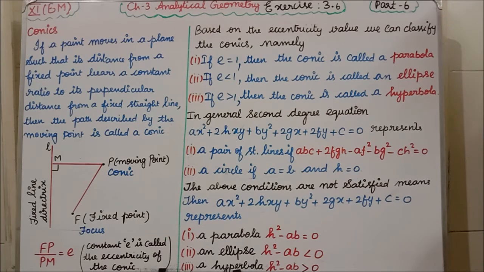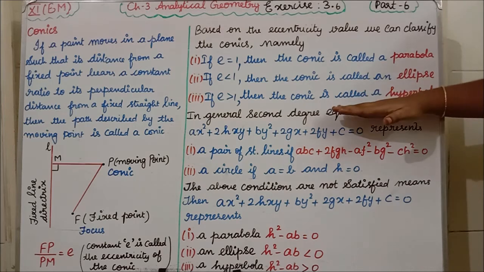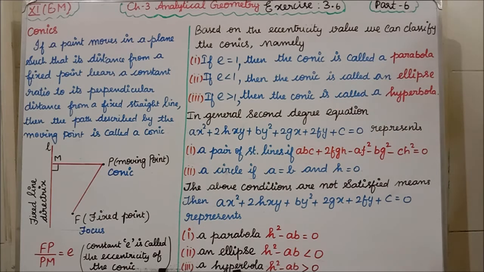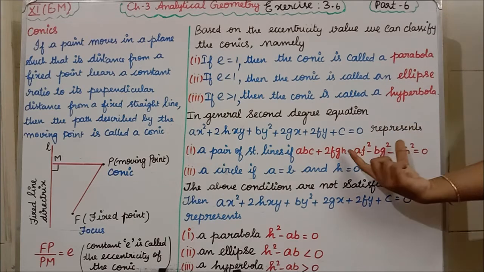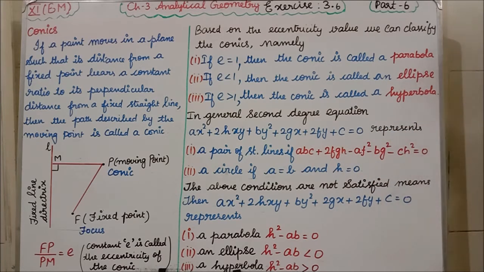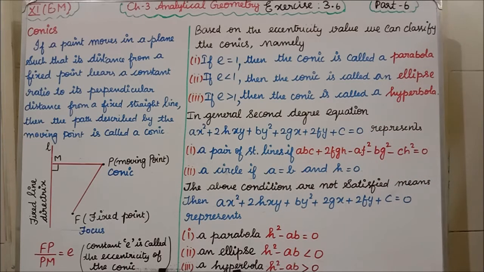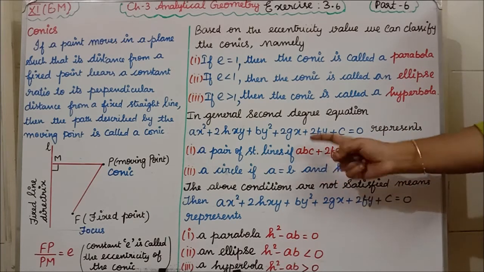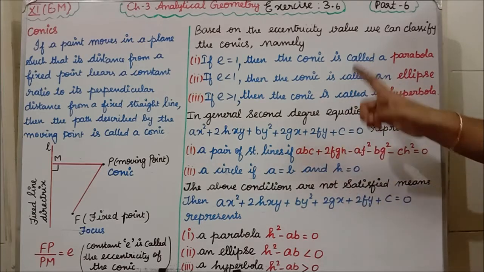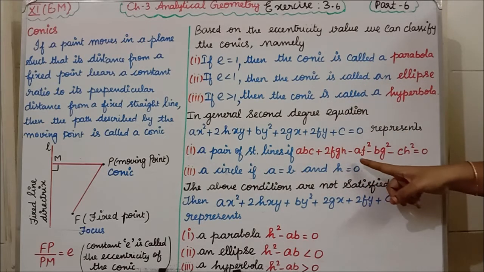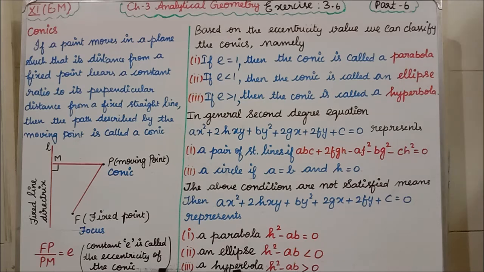We have learned, isn't it? Do you remember that? So, what things does the general second order degree equation represent? It will represent a pair of straight lines when that condition is equal to 0, or otherwise it will represent a circle when the coefficient of x square is equal to coefficient of y square, that is a equal to b, and also the h value should be equal to 0.